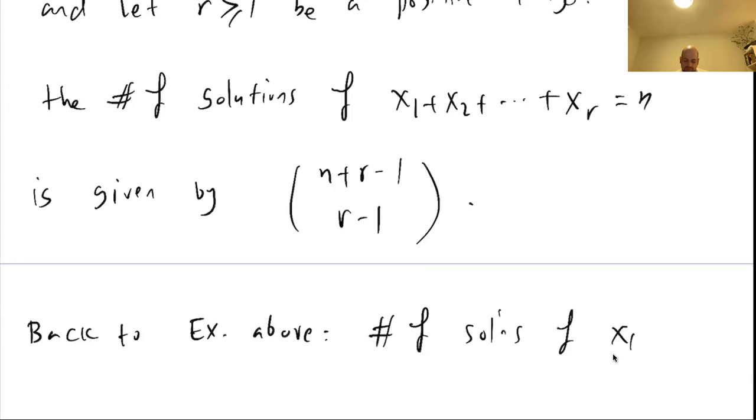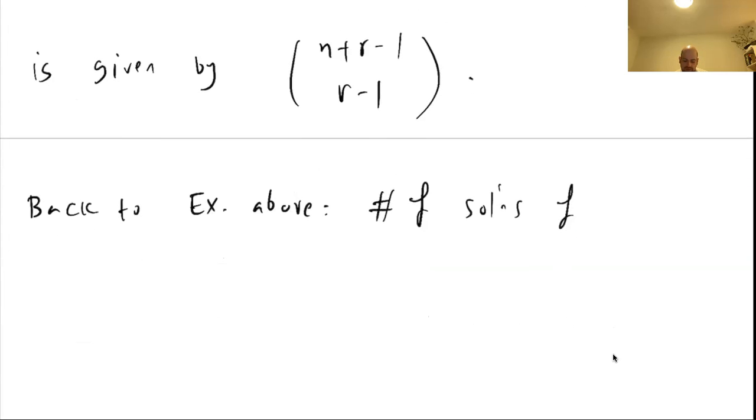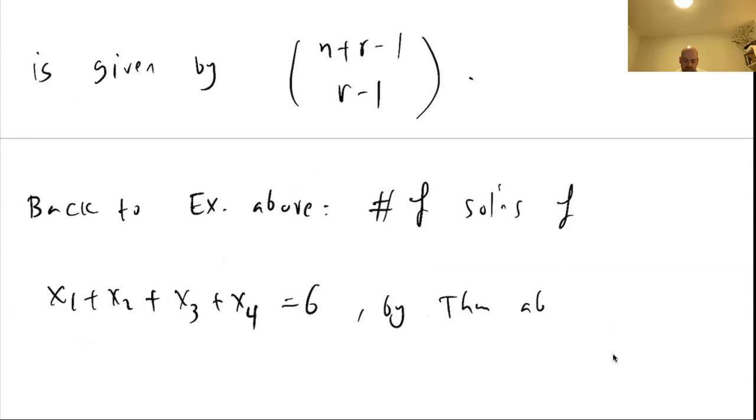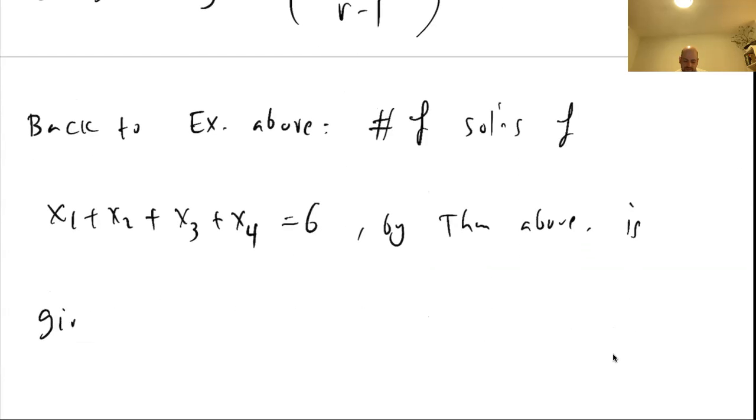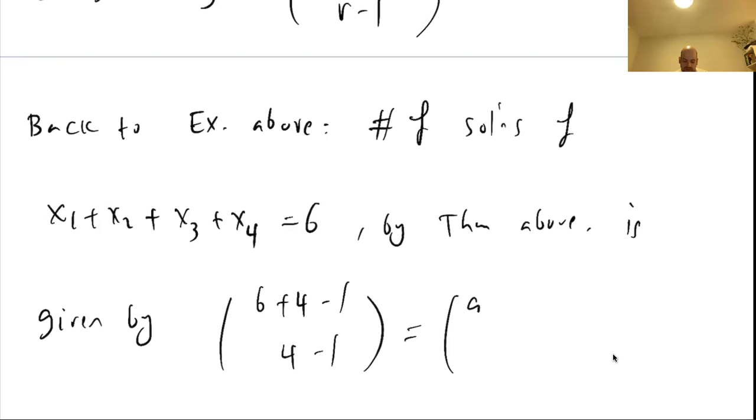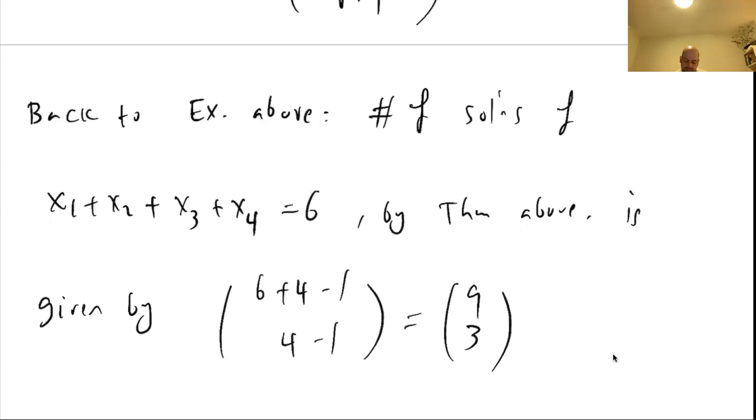Do you remember? x1 plus x2 plus x3 plus x4 equals 6. By the theorem above, it is given by 6 plus 4 minus 1 choose 4 minus 1. So this is 9 choose 3.